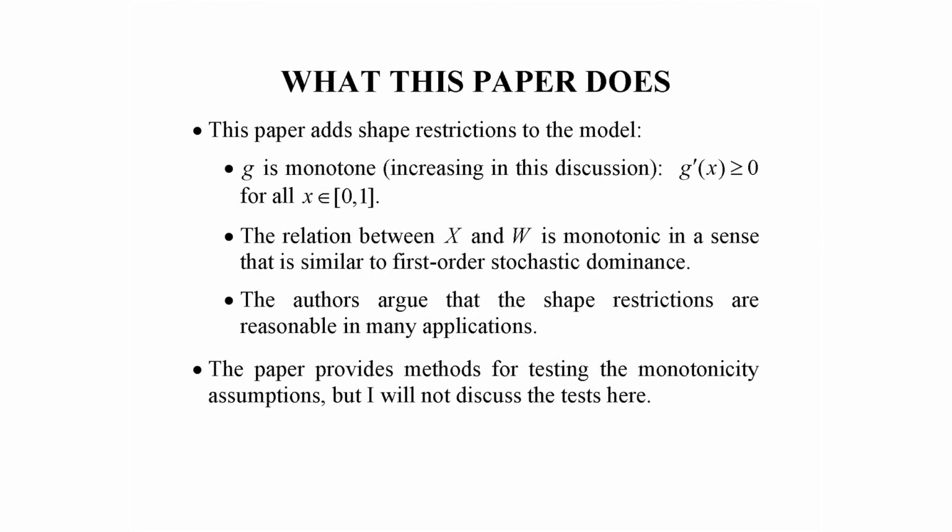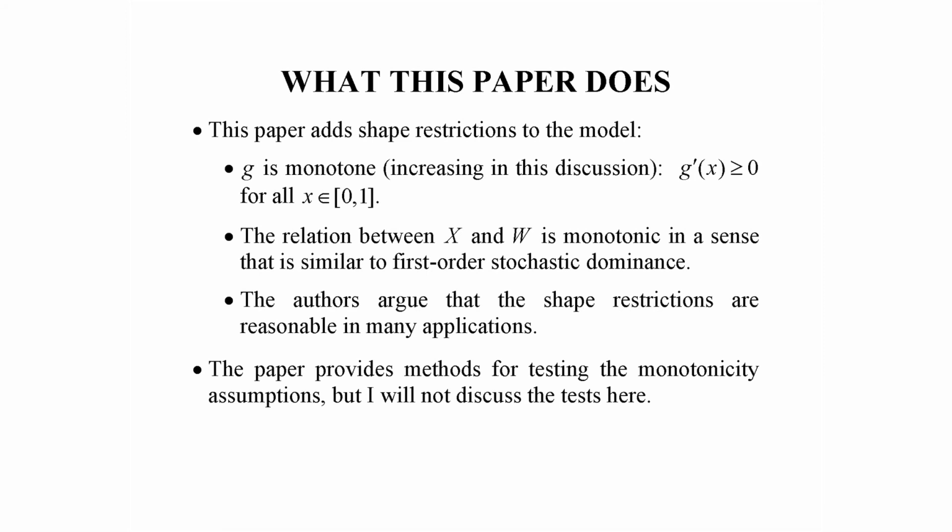All right, so what this paper does is it adds shape restrictions. And you can see what they are, and the authors argue, and I agree with them, that these shape restrictions are reasonable in many applications. And then the paper itself provides methods for testing the shape restriction assumptions and some other things which Daniel didn't talk about, and I won't either.